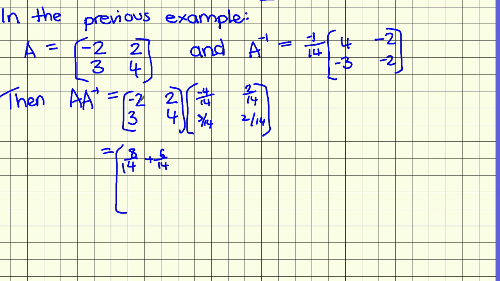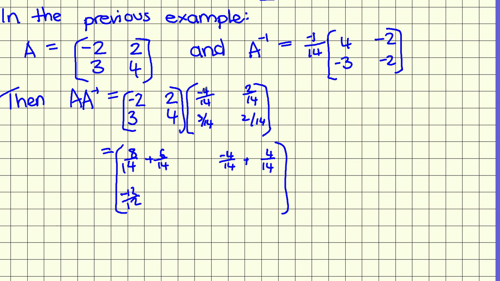Your top right: minus 2 times 2 over 14 gives you minus 4 over 14, plus this one moves along one to the right, this one moves down, 2 times 2 over 14 gives you 4 over 14. Okay, bottom row: 3 times minus 4 over 14 gives you minus 12 over 14.